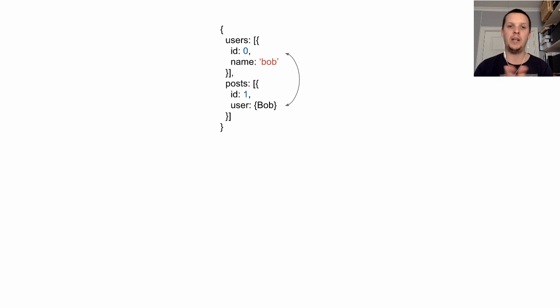So what's really interesting here is this referencing stuff. So for example, if we produce a new post, we could extract a user from the state tree, and we could just attach that as a user on the post. Or we could use the constructor to extract that user. The thing is that this is the same object. It's the same reference.